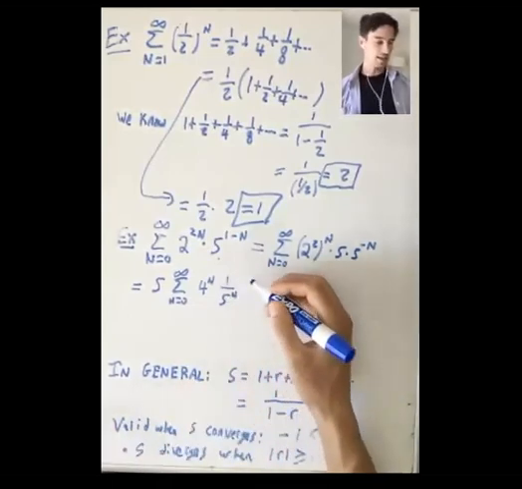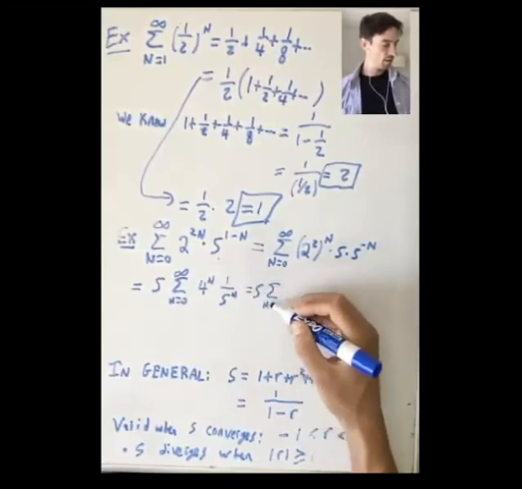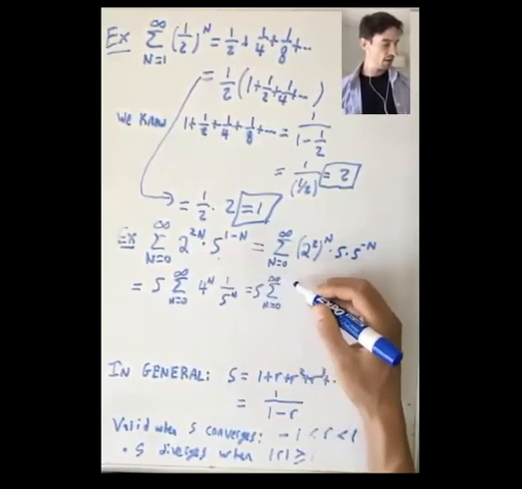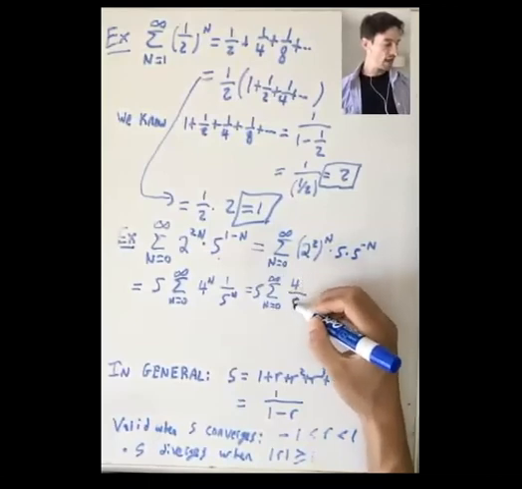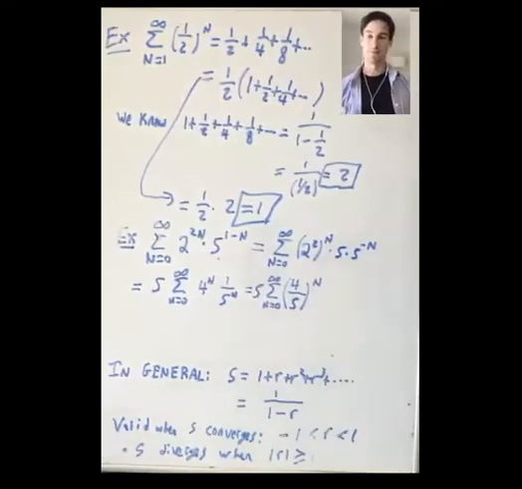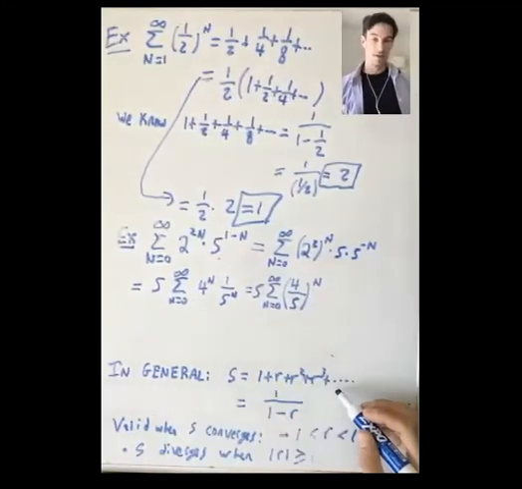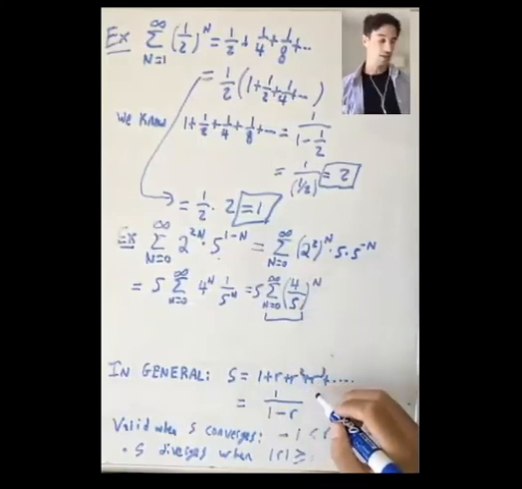So what is this? This is 5 times the sum from n equals 0 to infinity of 4 to the n over 5 to the n, which is the same as 4 over 5 to the n. So now, this is in exactly the right form to apply this formula.